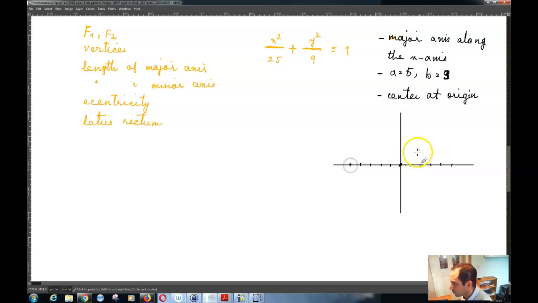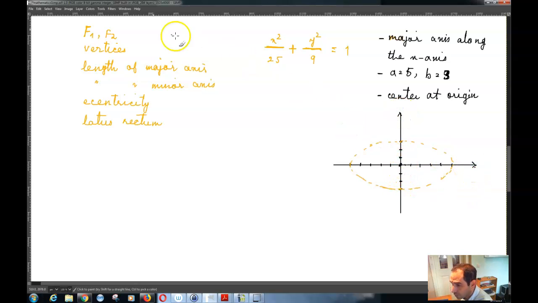Then if you connect these points, it is going to give you your ellipse. This is your ellipse.